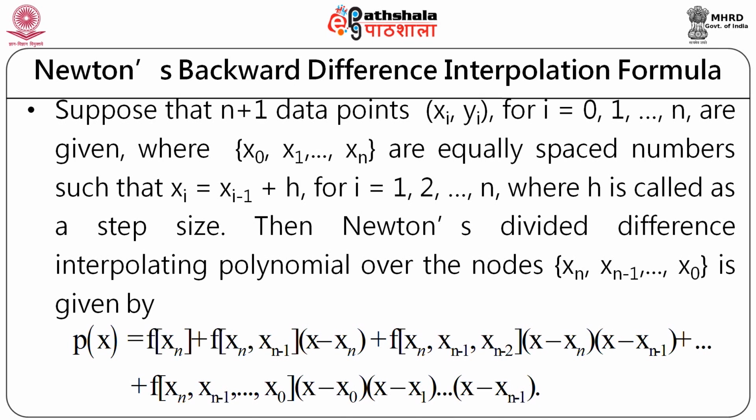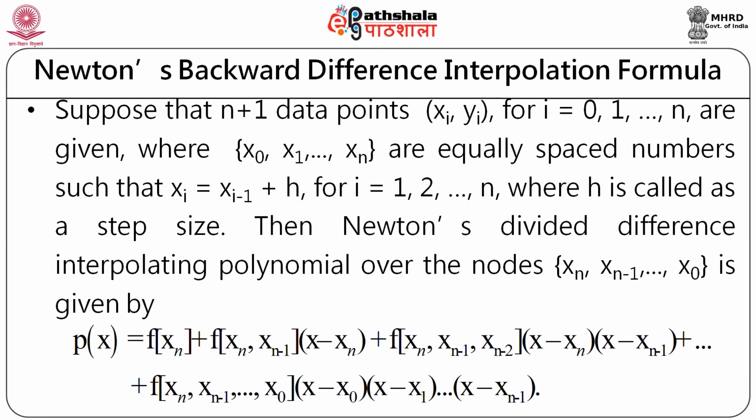Now, Newton's backward difference interpolation formula we are writing exactly in the same manner as we have written the forward difference interpolation formula. Again we have got this expression. Now, what we are doing is, instead of considering nodes in this order, we are considering the order of the nodes in this manner: xn, xn minus 1 and x0.